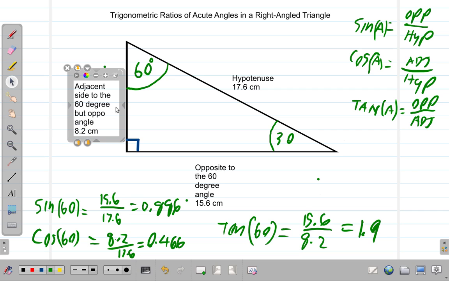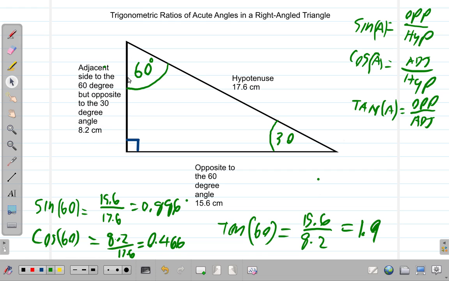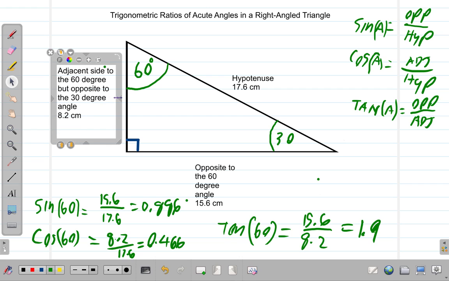It is opposite to the 30 degree angle. So while this is adjacent to the 60, it is opposite to 30. So opposite and adjacent, it doesn't really mean that one side is always an opposite and the other side is always an adjacent. It just depends on where the angle is that you're looking at.